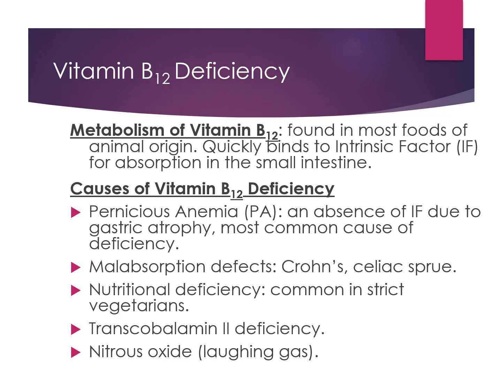Causes of B12 deficiency, obviously, the absence or decreased amount of intrinsic factor due to gastric atrophy is the most common cause of deficiency, and we call this pernicious anemia. You might see it called PA, but pernicious anemia simply refers to an absence or decrease in that intrinsic factor.